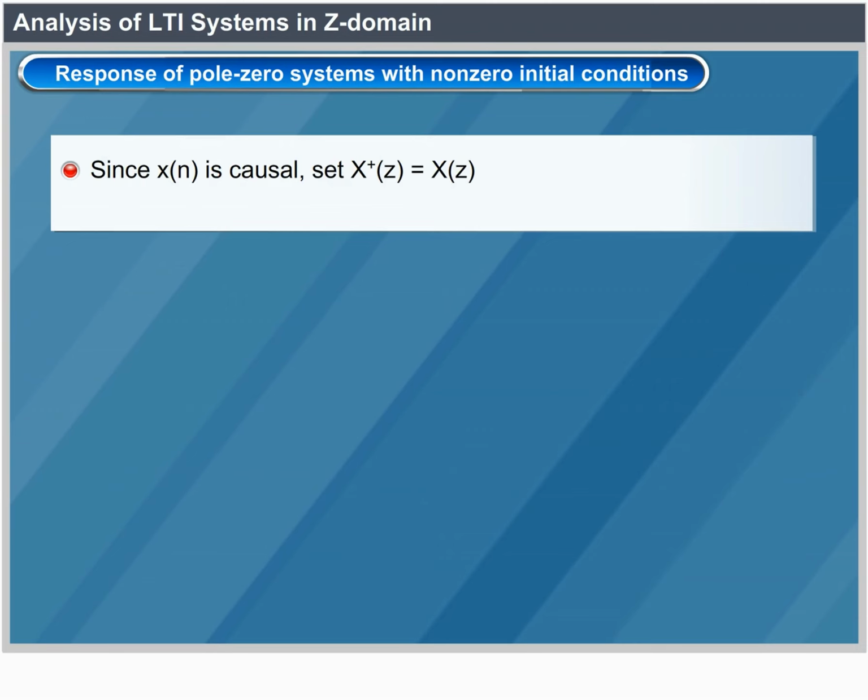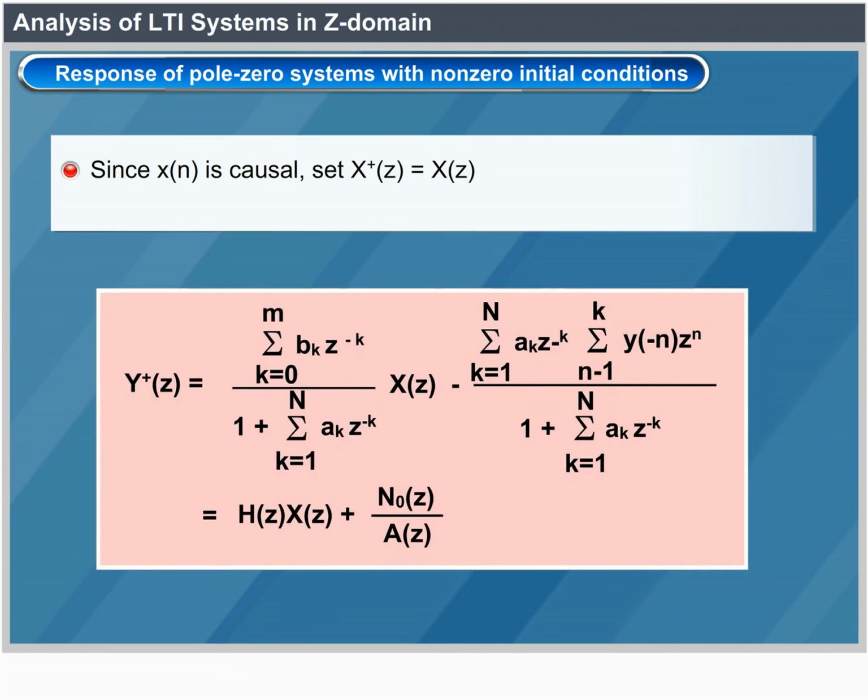Since x of n is causal, set X plus of z equal to X of z. Y plus of z equals summation k equals 0 to M of b_k into z power minus k divided by 1 plus summation k equals 1 to N of a_k into z power minus k, into X of z, minus summation k equals 1 to N of a_k into z power minus k into summation n equals 1 to k of y of minus n into z power n, divided by 1 plus summation k equals 1 to N of a_k into z power minus k.